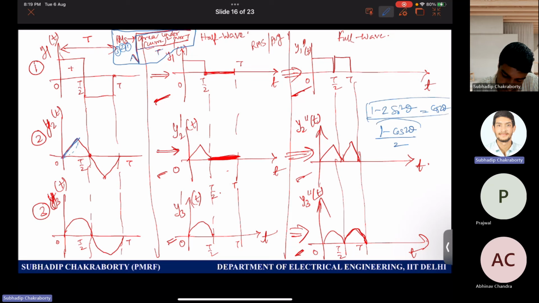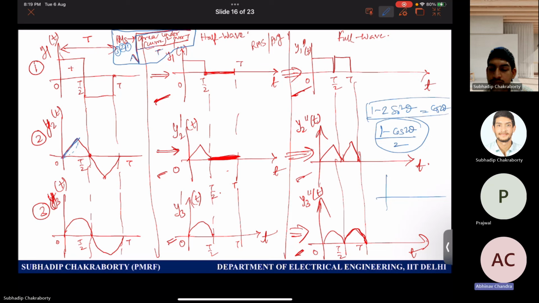So can anyone draw the graph of this, 1 minus cos 2 theta by 2? Or the graph of sine square theta, how will it look? Yes, sir.